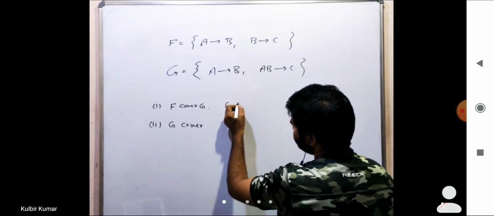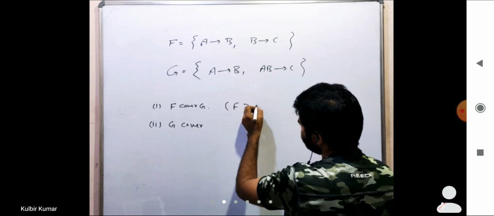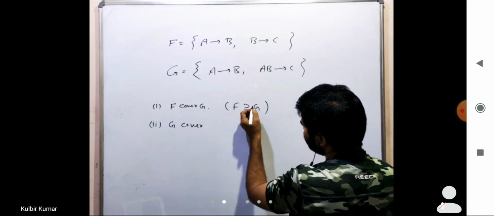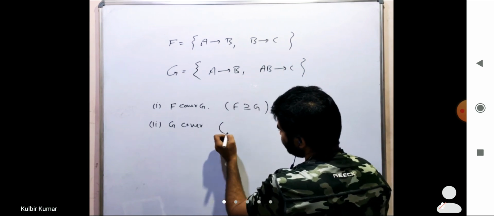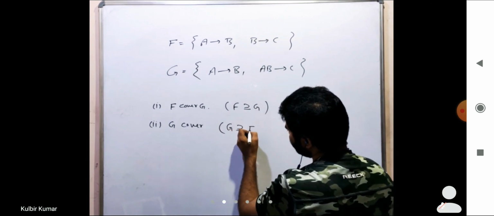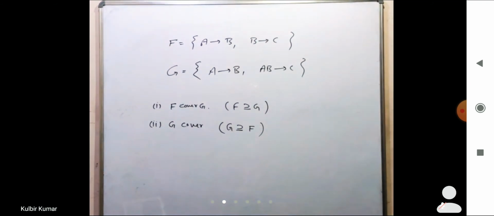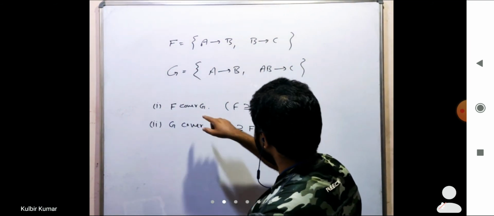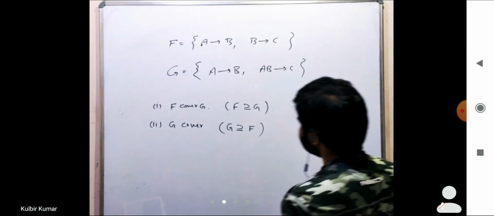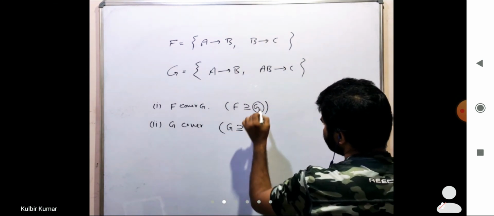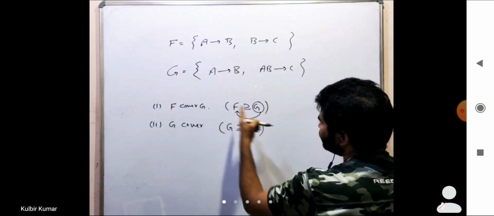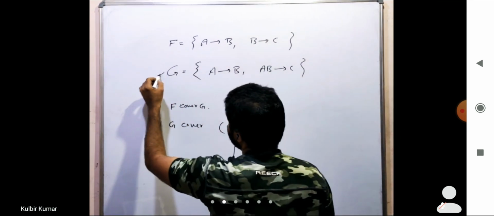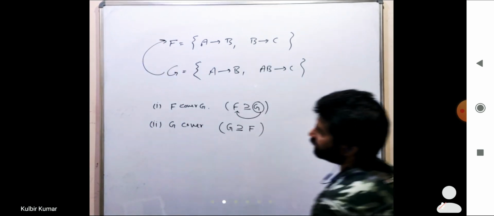So F cover G means F is the superset of G, means all the functional dependencies of G are covered in F, and G cover F means G is the superset of F. Okay, so let me find out F cover G. What is F cover G? F cover G means all the functional dependencies of G are covered by F or they are implied in set F. So G वाली क्या करनी है, F में चेक करनी है imply करेंगी या नहीं.